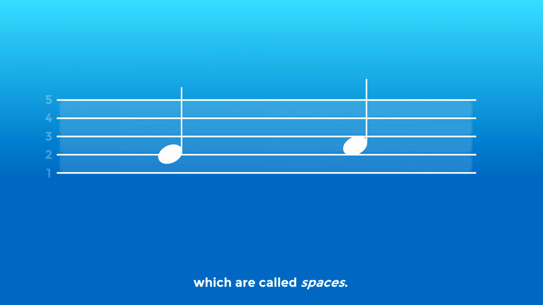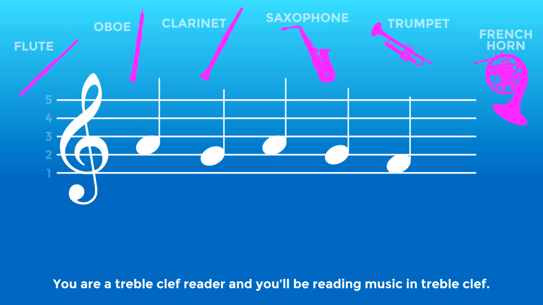These are clefs, treble clef and bass clef. Let's place a clef at the beginning of our staff. If you play flute, oboe, clarinet, saxophone, trumpet, or French horn, you are a treble clef reader and you'll be reading music in treble clef.